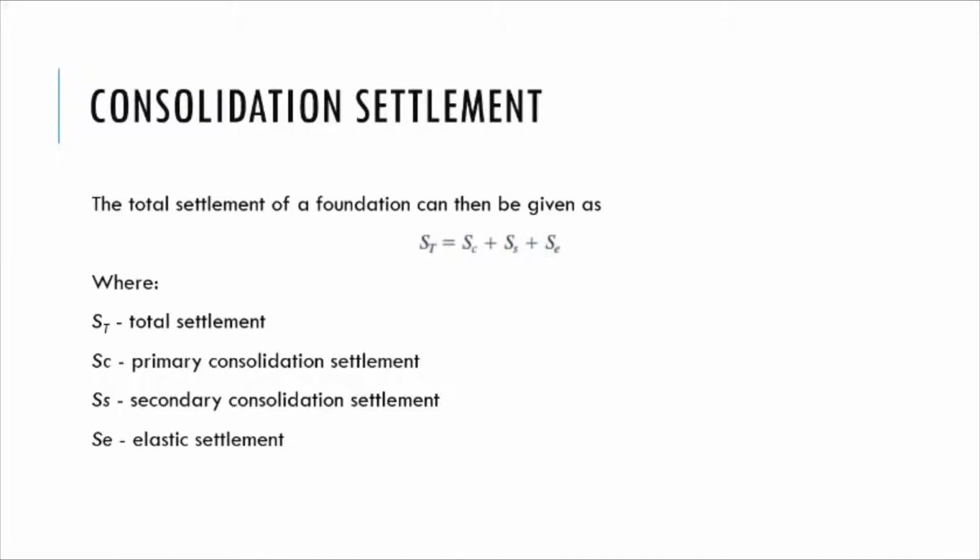So the total settlement may just be primary consolidation settlement, or primary consolidation settlement plus the secondary consolidation settlement, or it can just be the elastic settlement plus the primary consolidation settlement, or lastly, it will be the sum of the three, which is the primary consolidation settlement plus the secondary consolidation settlement plus the elastic settlement.